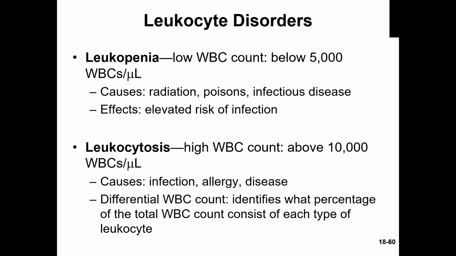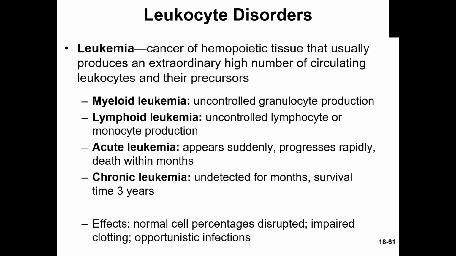The differential count, if you get a CBC and diff, identifies the percentage of the total WBC count. It breaks it down into each cell type is what the differential does. It's not an absolute count.